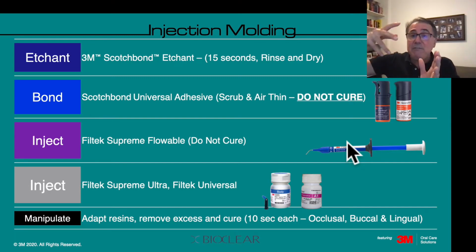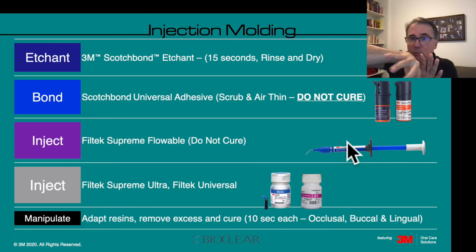And then you don't polymerize the flowable, and you inject the Supreme Ultra or the Filtek Universal, a warmed composite. You inject over the flowable inside the matrix, and that will remove most of the flowable.